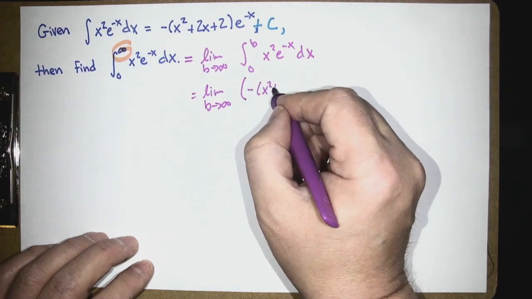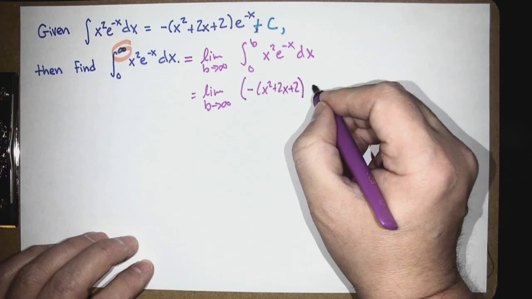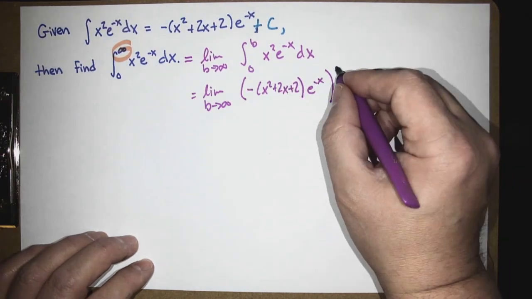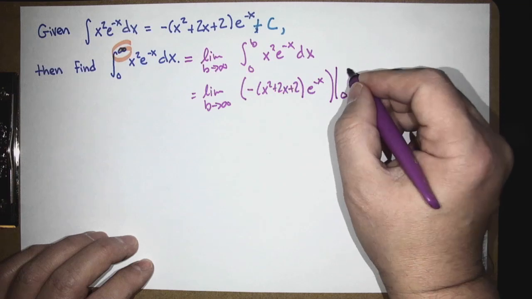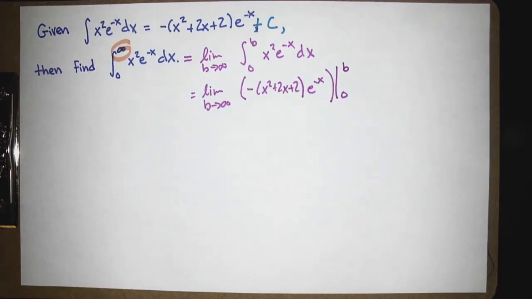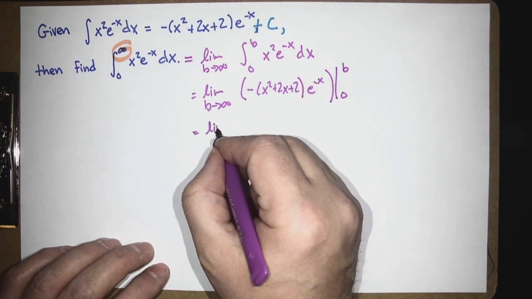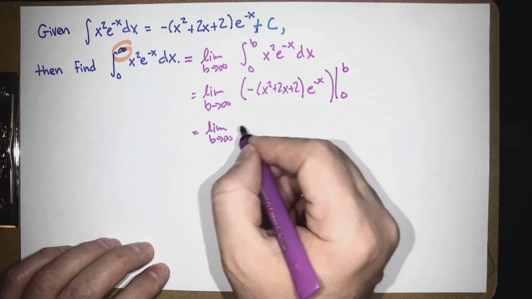minus x squared plus 2x plus 2 times e to the negative x. And then we're going to evaluate from 0 up to b. All right. Well, this becomes our limit as b goes to infinity.